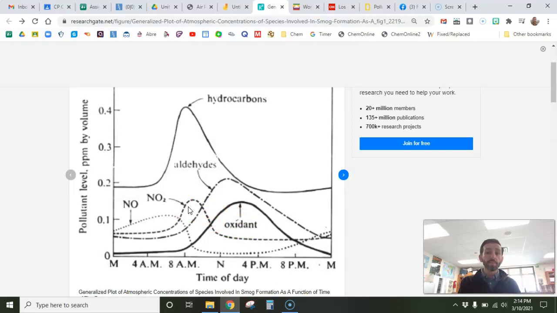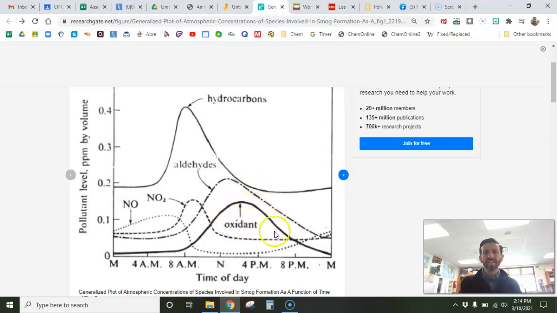So your primary pollutants, the ones that we as human beings are putting into the atmosphere as we drive to work, are your NOxes and your VOCs. They tend to go up in the morning when people are starting to go to work. But then when the sun really comes, there's sunlight, there's heat, and they tend to drop. One, because people are at work, aren't driving as much, but then you also make the ozone here.